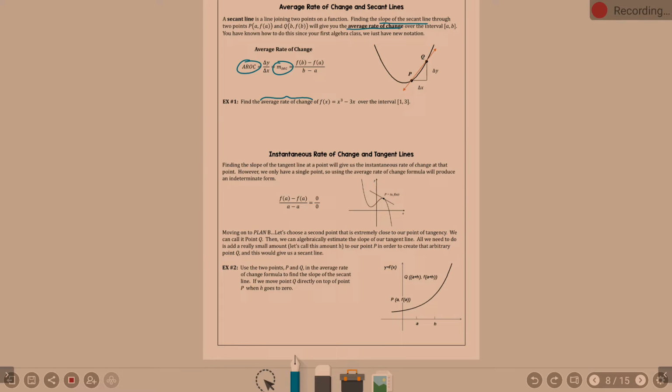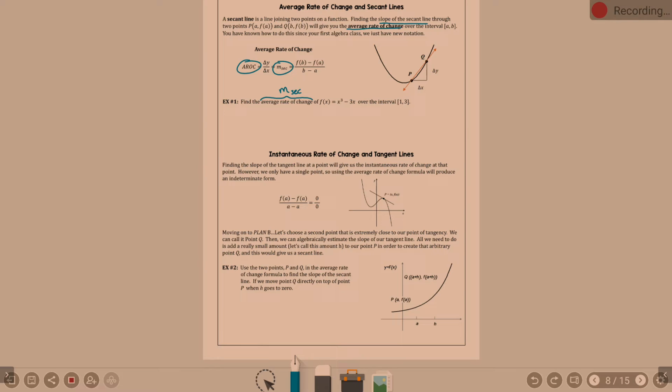Average rate of change is AROC. They're asking us to find basically the slope of the secant line. When you see that terminology, average rate of change, think, okay, I just need the slope of that secant line.